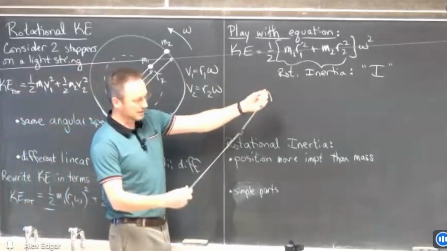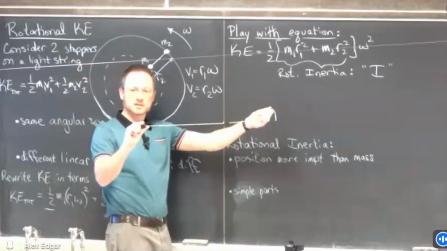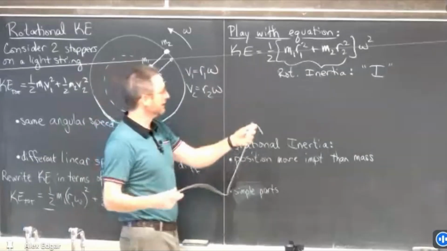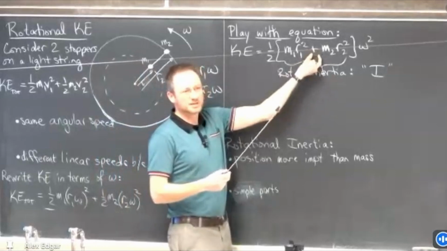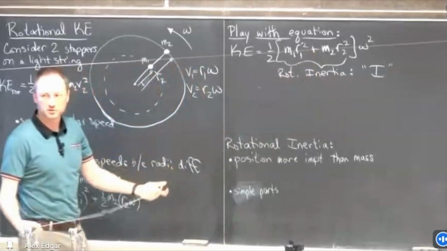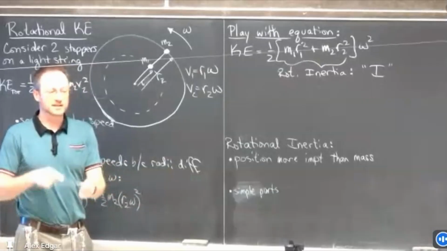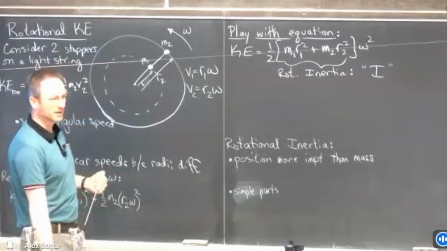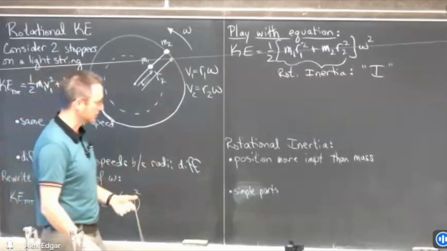Other thing that we notice is that we've got a little tiny blob that's small relative to the radius of its circle. And then we've got another tiny little blob. And then what we're doing with them is that we are adding up the individual pieces to get the overall rotational inertia. Because by adding the second guy on the inside, this is now going to be harder to swing. It's got more inertia to get going than it did before because I added more mass to it at a different place.